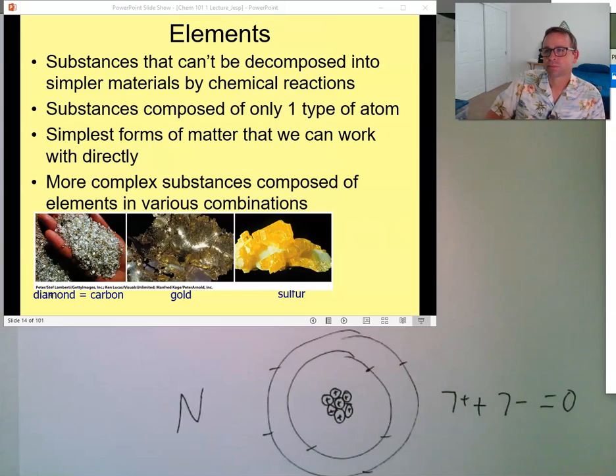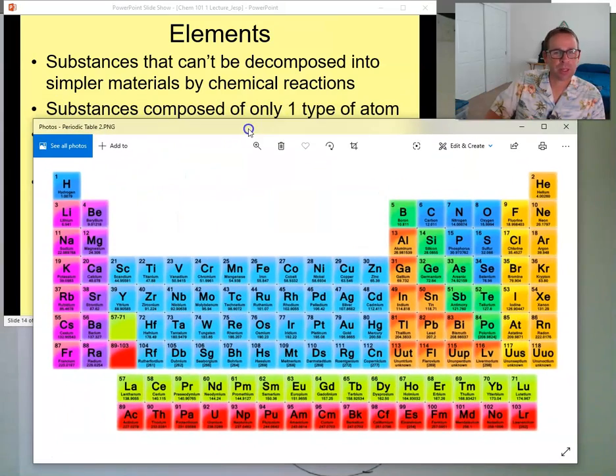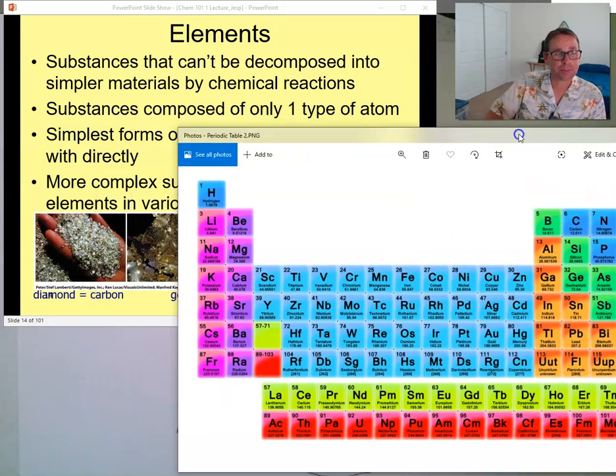Sulfur, can you find sulfur on the periodic table? Its symbol is S. Oh, 16. It's under the O. That's right, 16. 16 protons. Very good.